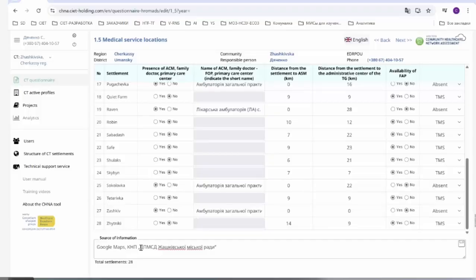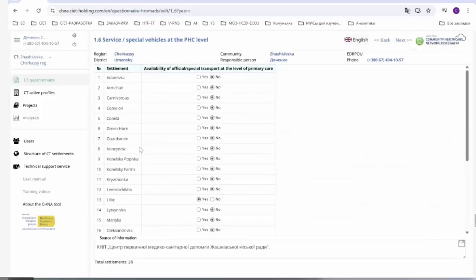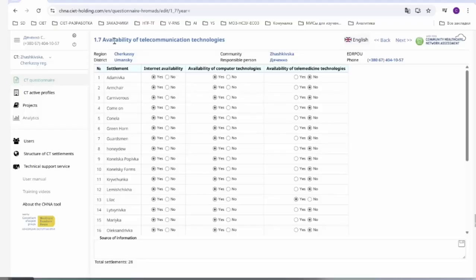Yes, this information is from the primary health care center. It also shows the type of care they can provide to the population. Do they have special transport, for example mobile teams, to organize visits from the FAPs or to work with people?